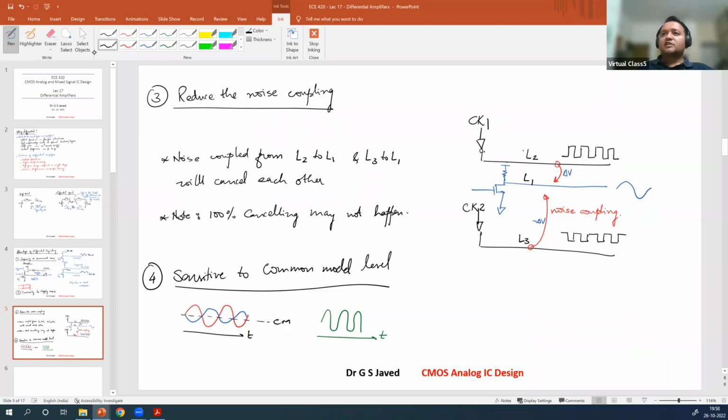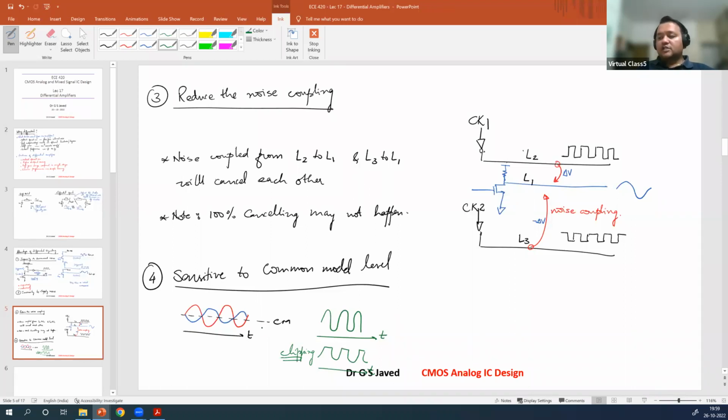The same graph will now start looking like this. This is called clipping. The common mode will start clipping and you will see saturation in the signal. You will not be able to understand what is happening.